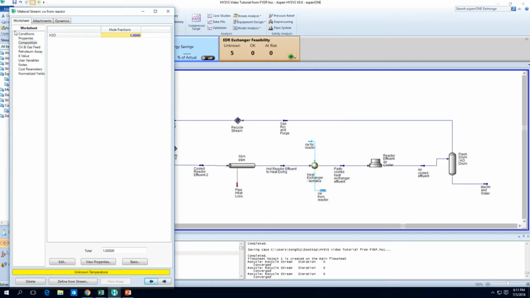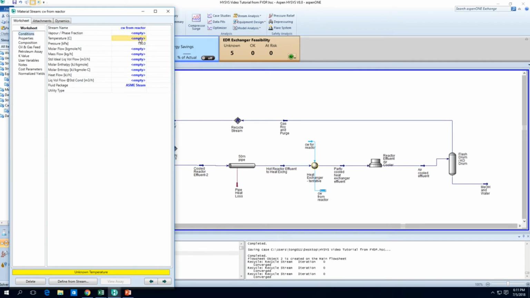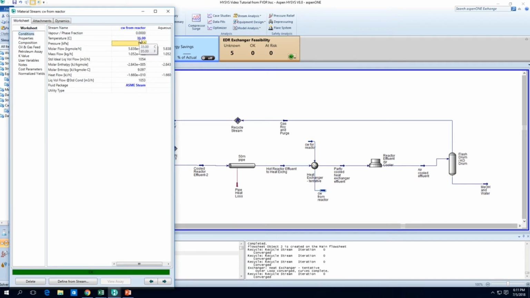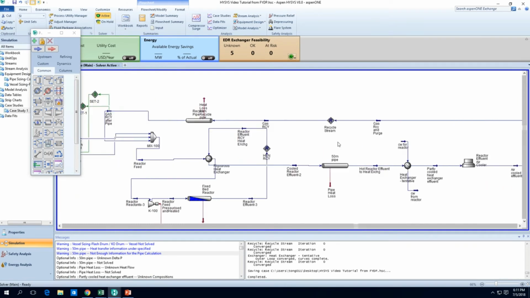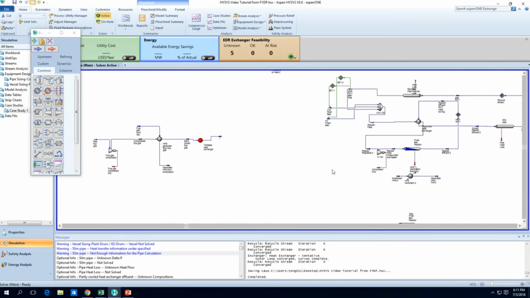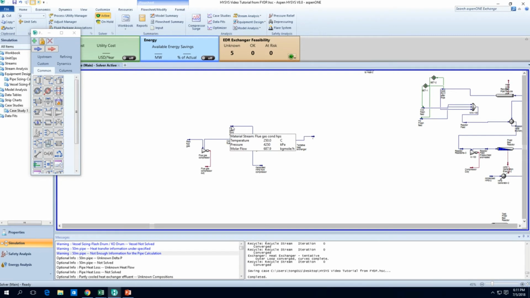Okay, so it's all water, temperature about 35. Okay, so that will be the amount of water you actually need to use. But just for now, we'll use water, but later when we perform heat integration, we'll have to do something else. Okay, so again, water is used to cool.